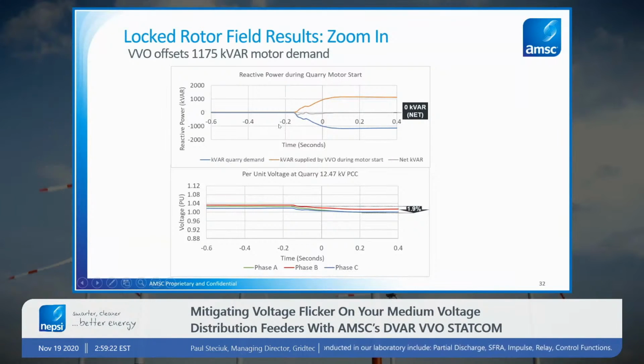This is zoomed in to when that event first starts happening, and it really shows that the STATCOM is faster than the electrical dynamics of the motor. So that speed of response is defined not by the STATCOM's limitation, but by the natural electrical time constant of the motor drawing the VARs.